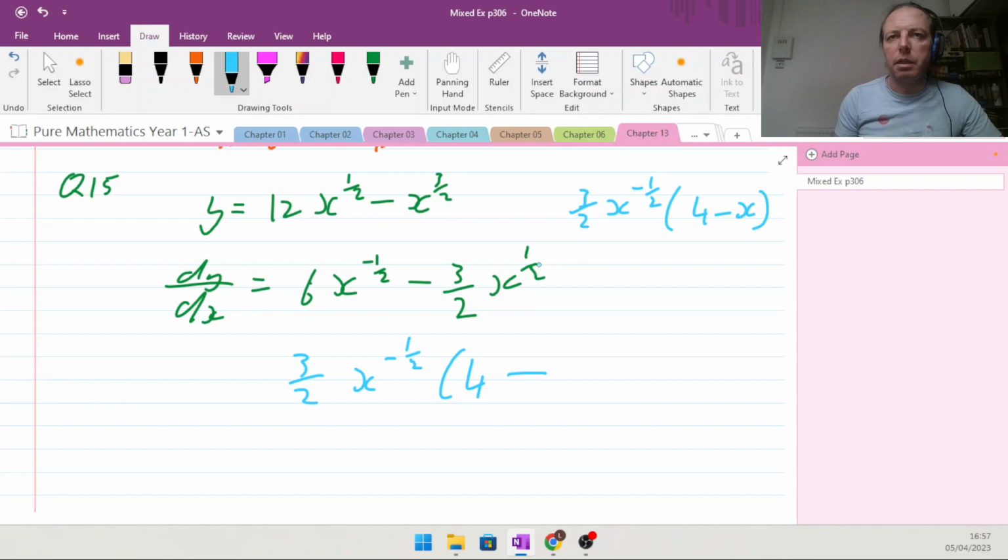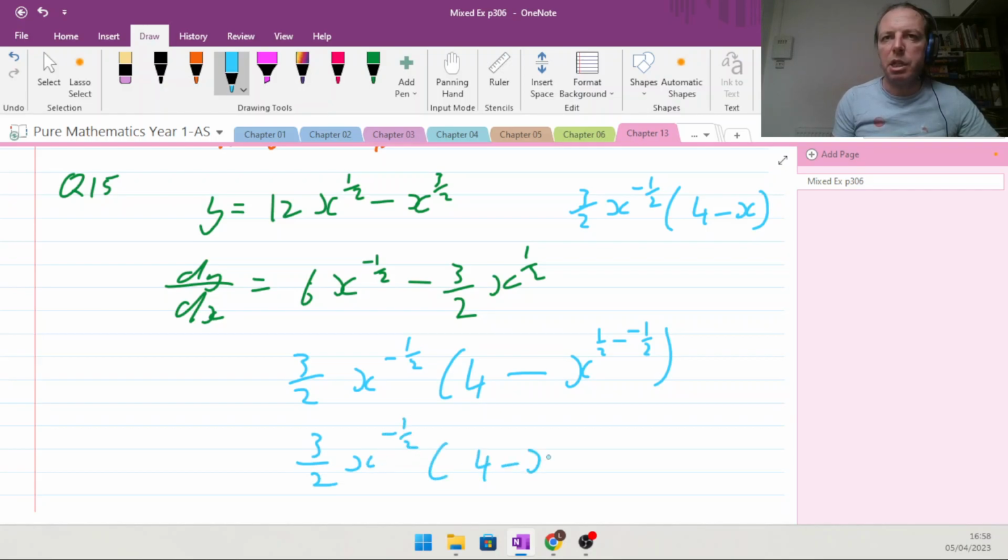Now then, if we have done that, we have got x to the power 1, because you are doing x to the half, take away the minus a half, which gives you 3 over 2 x to the minus a half (4 minus x), which is what they wanted. Okay.